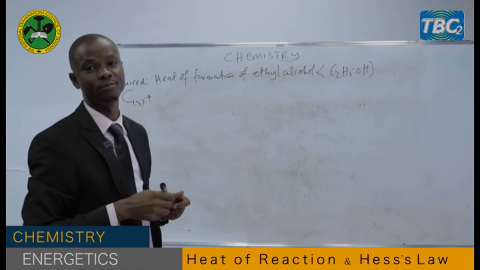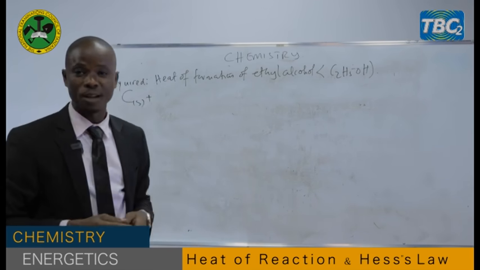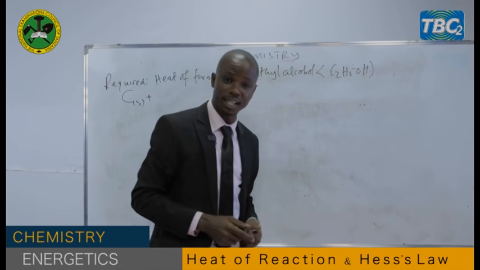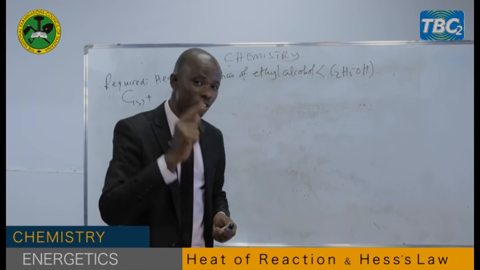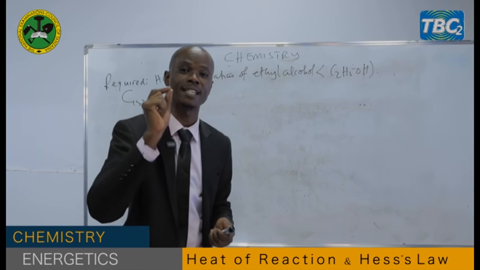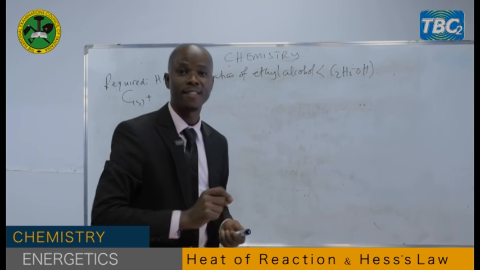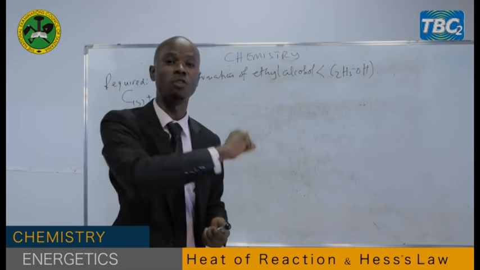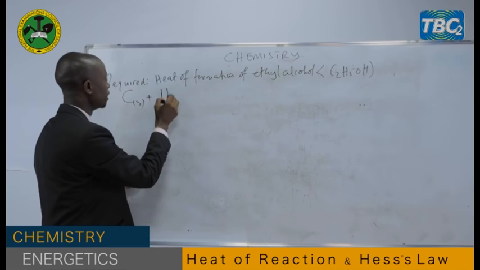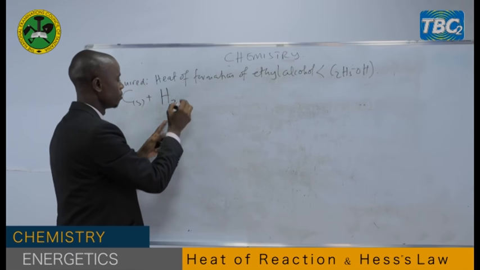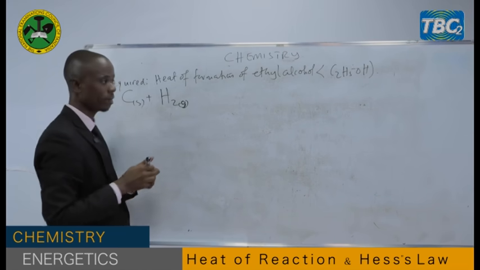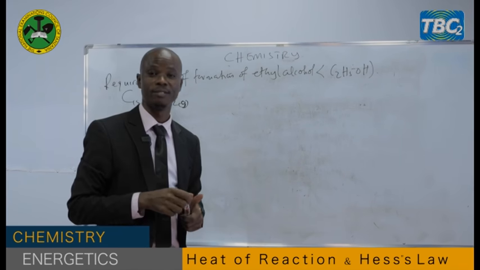When this solid carbon reacts with the second element, hydrogen, hydrogen exists as a diatomic molecule. That means it exists as a gas. That is the pure standard state of hydrogen. So hydrogen is a diatomic, we put here 2. That means a gas. So this is the second one.